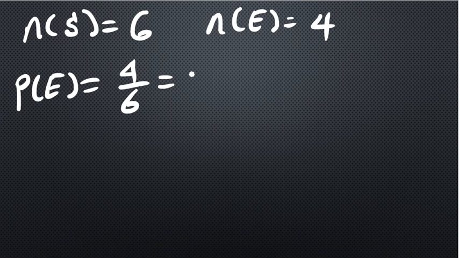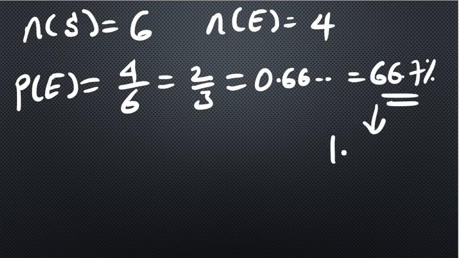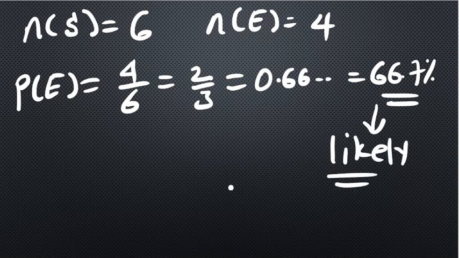We can simplify it to 2 over 3, or write it as a decimal, 0.66 continuing, which is the same as 66.7%. This is greater than 50%, so we can say this is likely. Likely means most probably. Let's add more examples, because the examples will clarify much better.